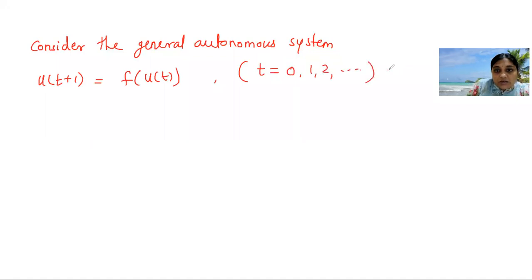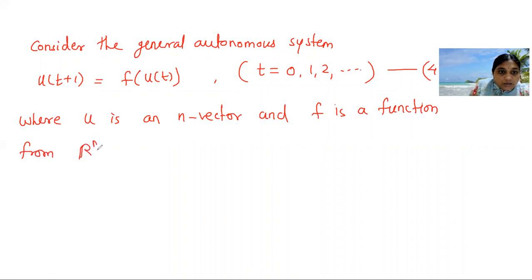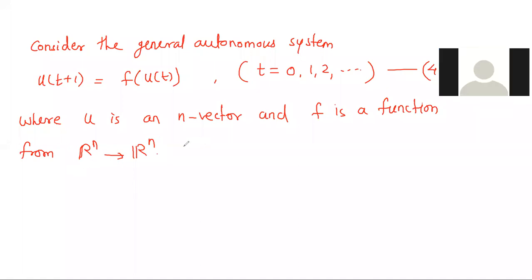Give number 4.24, where u is an n vector and f is a function from Rn into Rn.